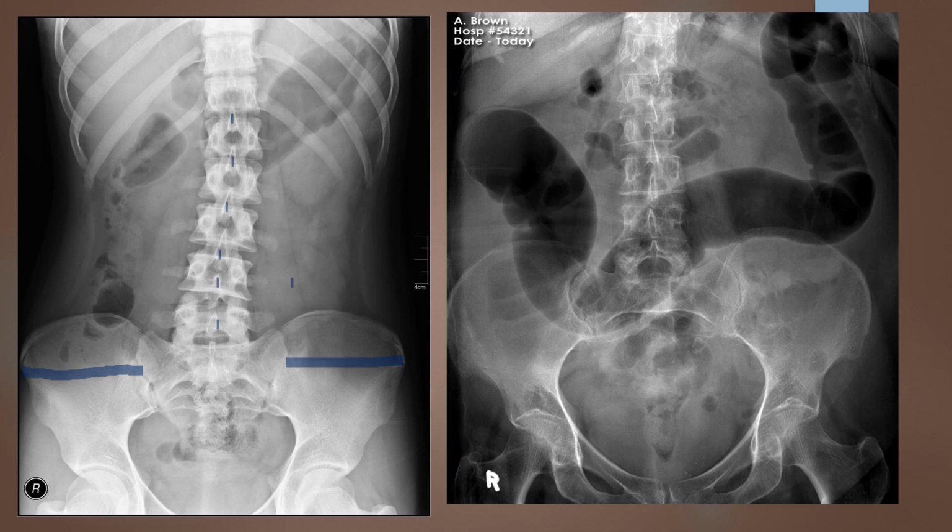Okay, so then we're going to look at our mid-coronal plane. Was the ASIS equidistant to the IR on both sides? Oh, excuse me, I'm looking at the mid-coronal tilt now. I should see the spinous process in the intervertebral disc space between the lumbar vertebra, and I am finding them there.